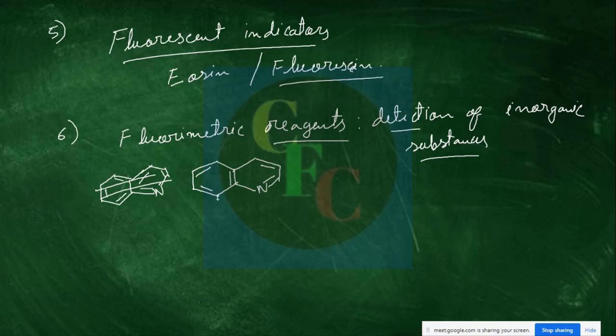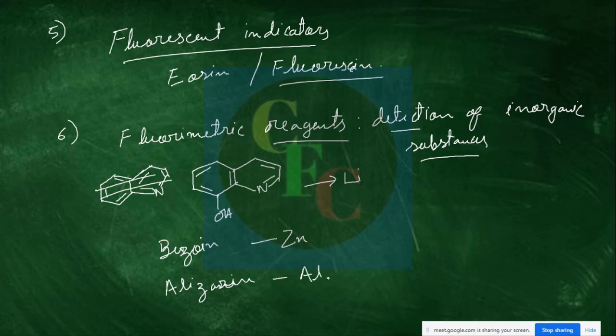This is quinoline and this is 8-hydroxyquinoline. This substance is used for the detection of lithium. Similarly, benzoin, we have heard this name in benzoin condensation. Benzoin is used for detection of zinc. Alizarin is used for the detection of aluminium. These are all fluorophores.